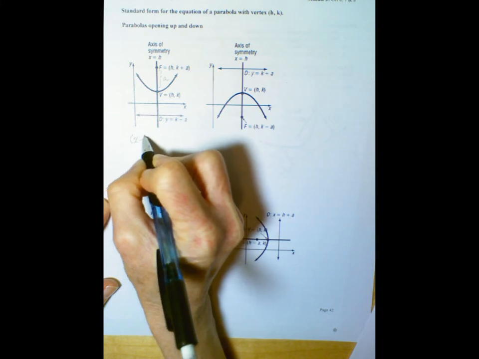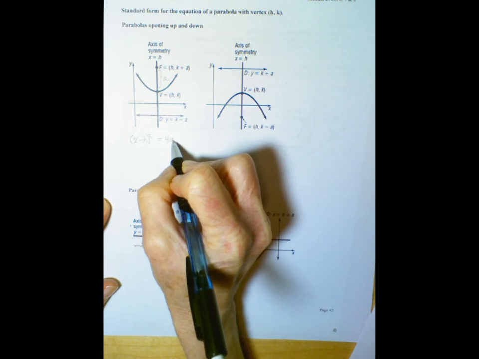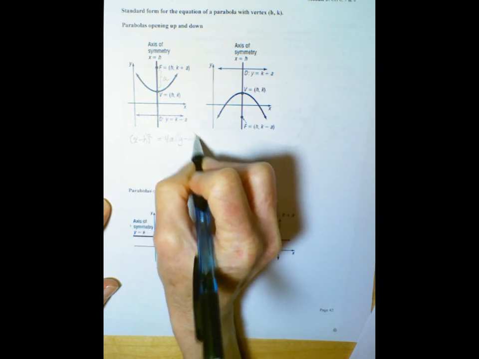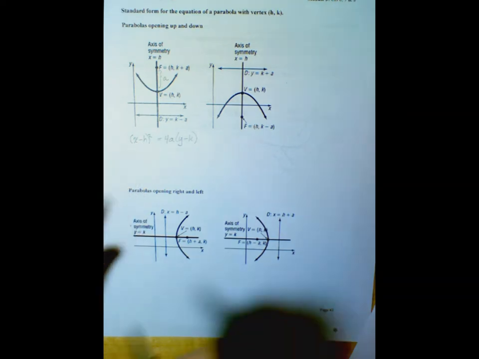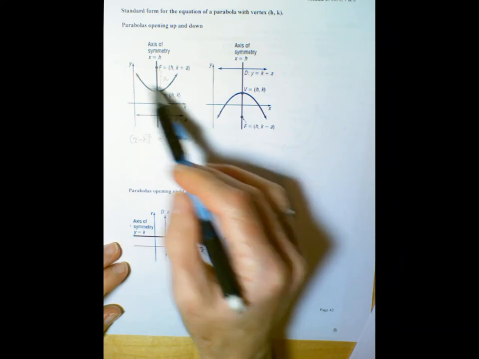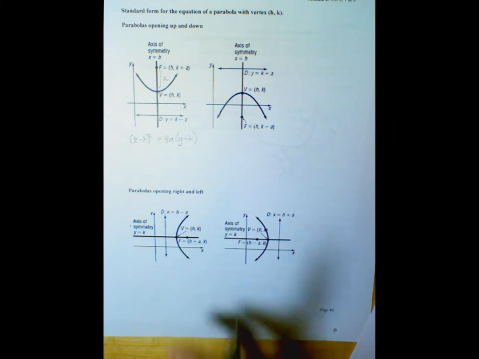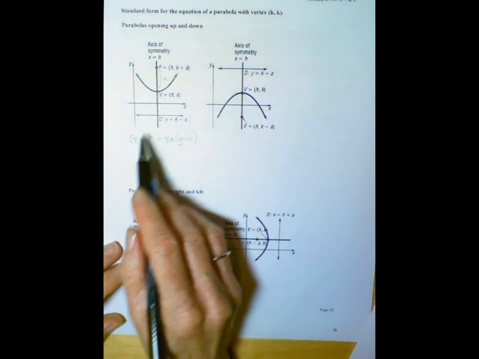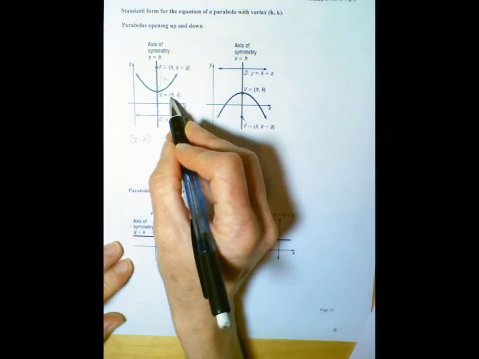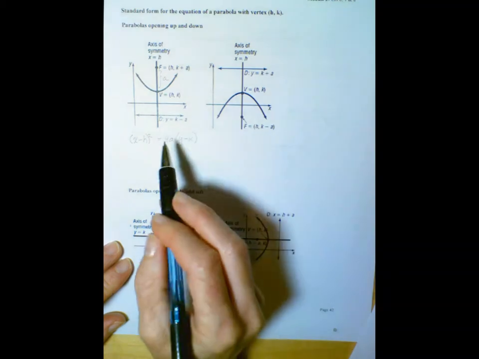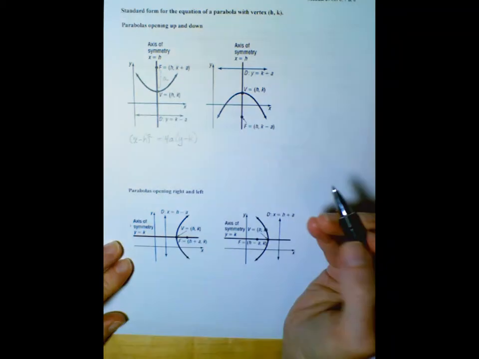It's (x minus h) squared equals 4a times (y minus k). Now note, only the x variable has a square on it. Remember that was true for parabolas that opened up and down. x was squared. Those are our quadratics. y wasn't squared, x was squared. There's (h, k). That's our vertex. And that a represents the distance a from the focus to the vertex.